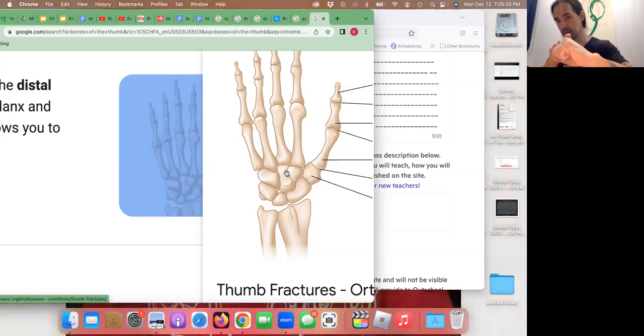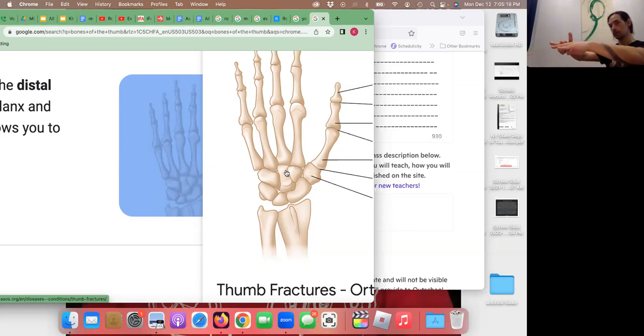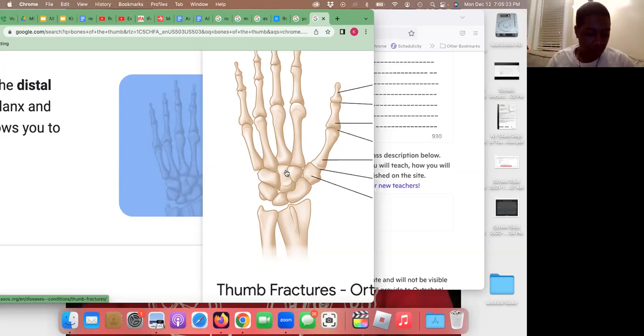And are the knuckles proximal or distal relative to the phalanges? Knuckles, phalanges. They're proximal.